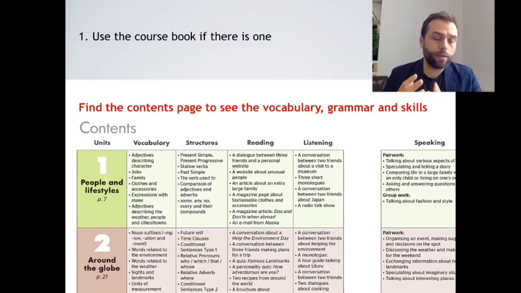As I say, textbooks are usually well organized and give you a good guide, especially for beginner teachers. So have a look at the contents page and then you can go online to find extra materials.